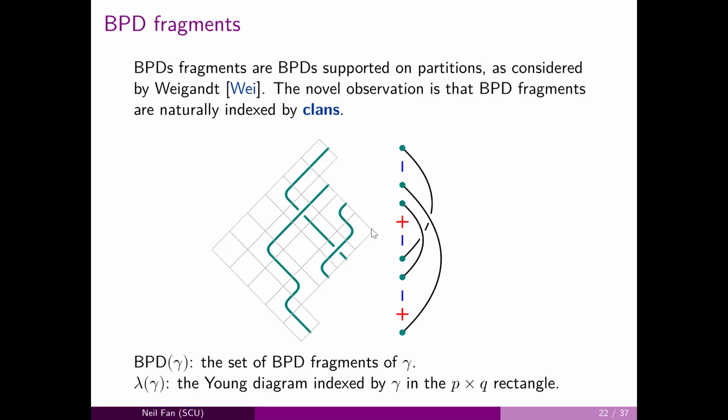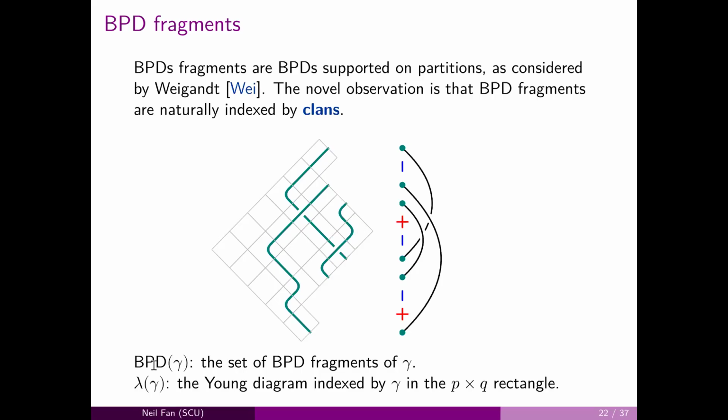This is a vertical step. It is unmatched. So we replace it by a plus sign. So from a Bumpless pipe dream fragment, we obtain a clan. Each clan corresponds to a Young diagram just by replacing left endpoints with vertical steps, minus signs with horizontal steps, and plus signs with vertical steps.